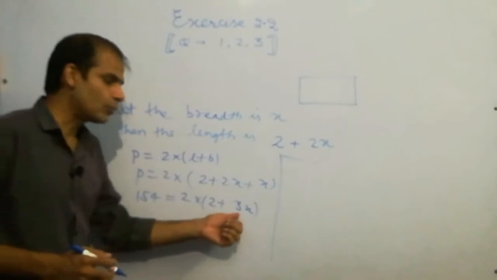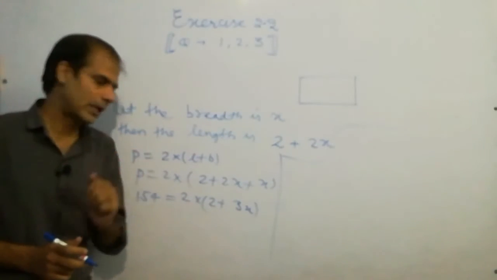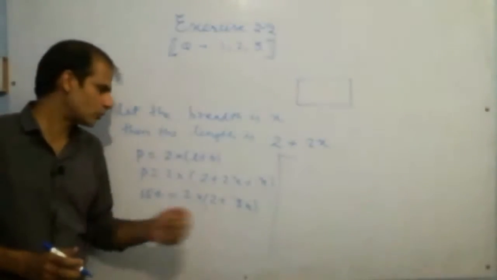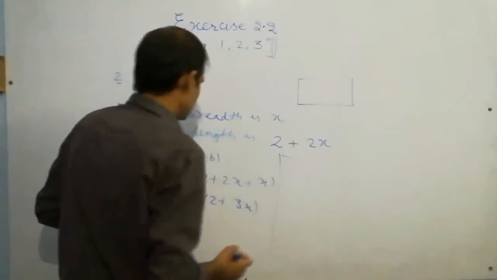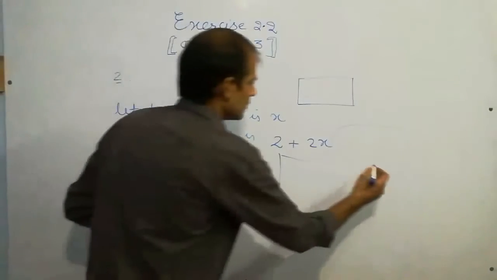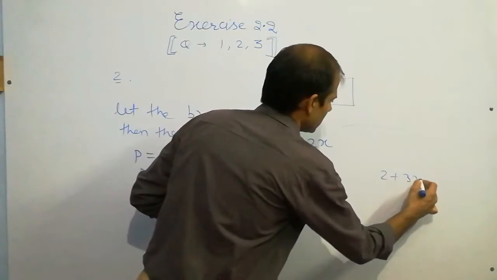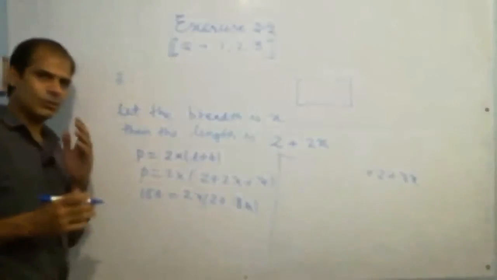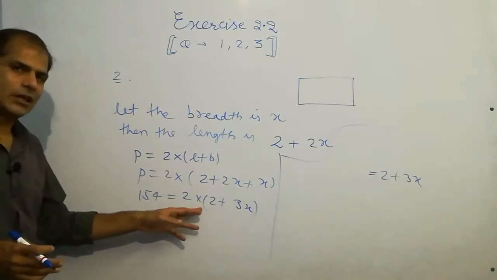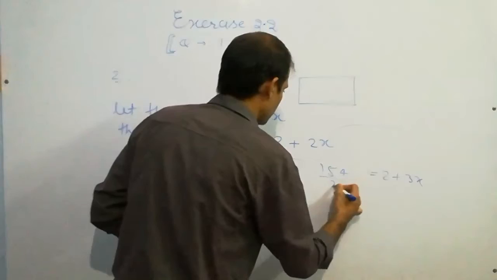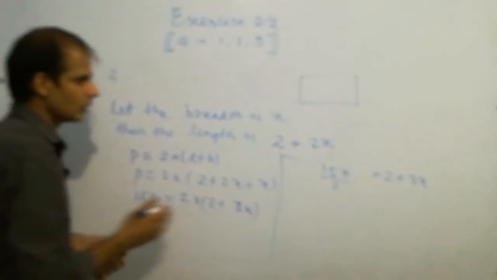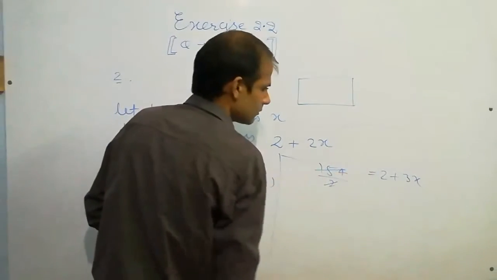Now see here, you can't add 2 and 3x. Don't make this mistake. You cannot add these two because these are unlike terms. Now you can write 2 plus 3x equals, as I told you, the multiplication is converted into division, so it becomes 154 upon 2, and what is that?